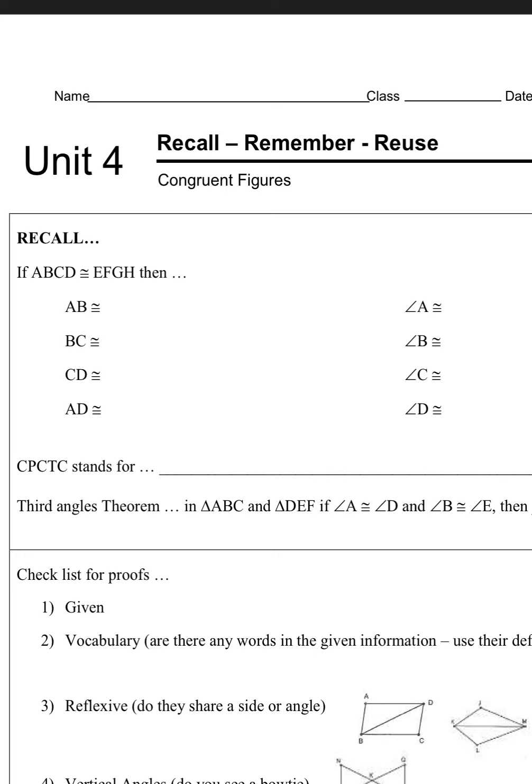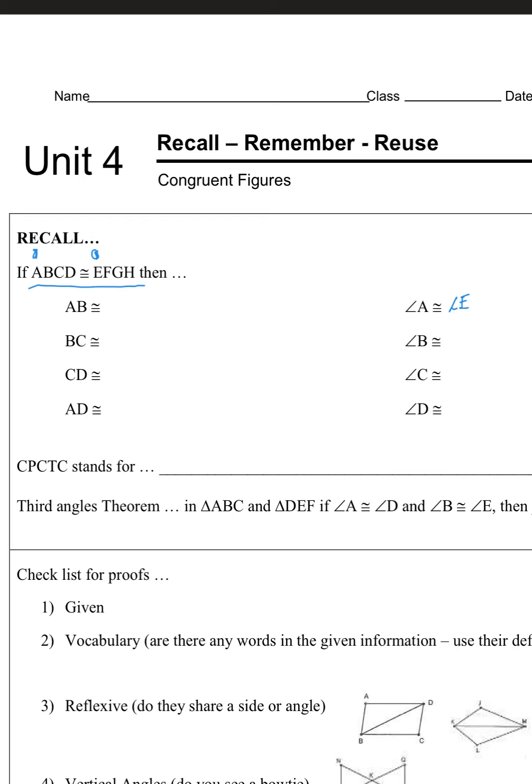about congruent shapes. If I give you a congruency statement, ABCD is congruent to EFGH, then that tells us some very specific information. We're going to start with the angles. Angle A is in the first position of the first shape. Angle E is in the first position of the second shape.